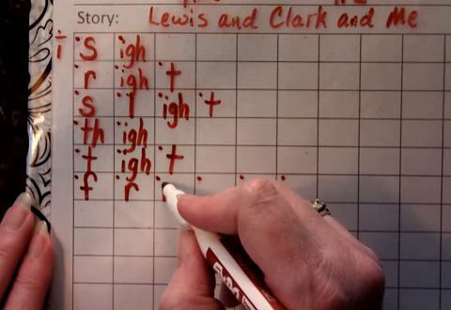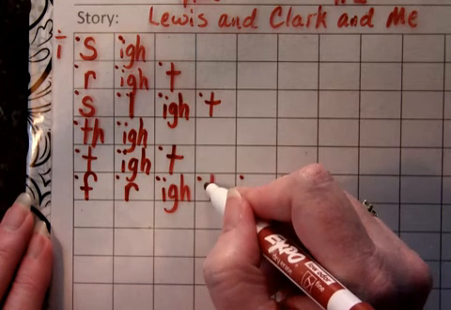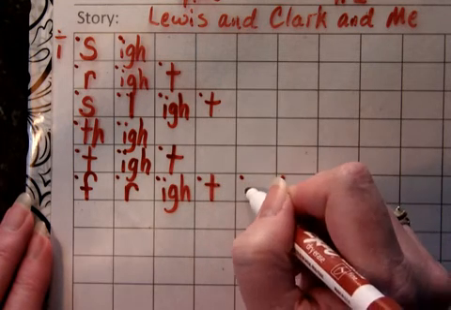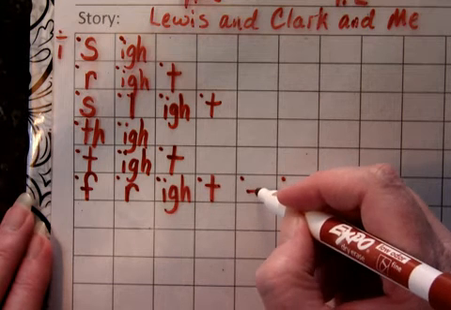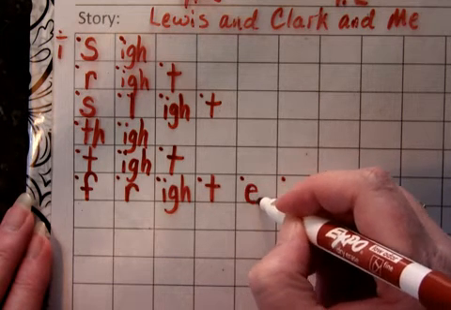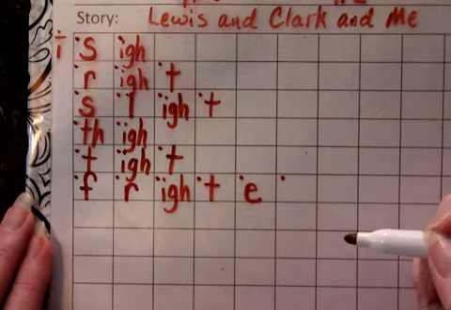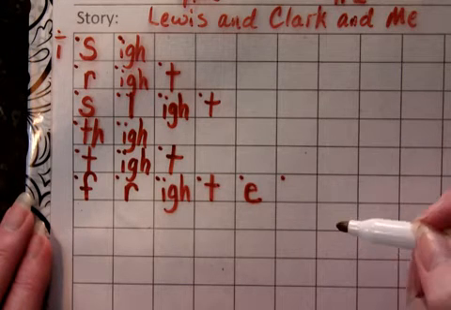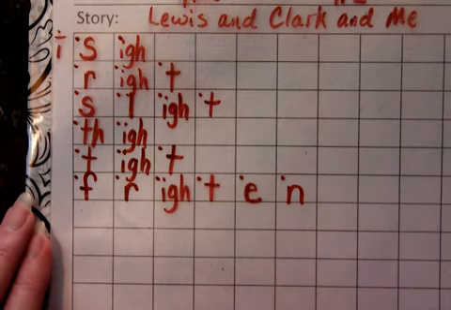I, I-G-H, T. Then the E is a short E. Please make your E the right way. Push out, up, down, and around. The bottom of the E should touch the writing line. The next sound is N at the end.